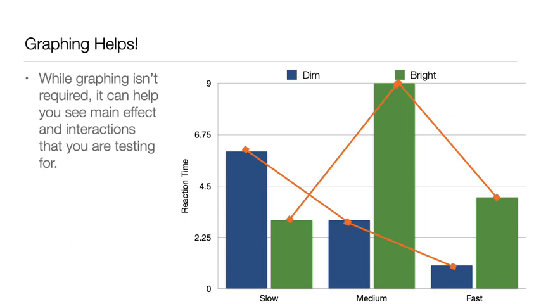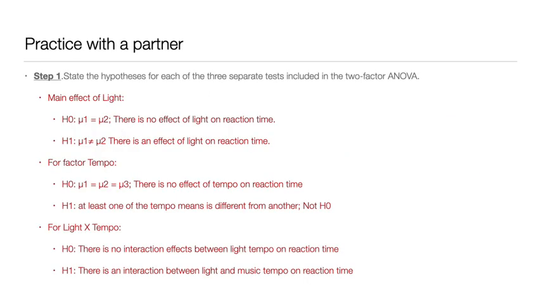But in a bright lighting condition that is not the case. We don't see big differences in reaction times except for that medium tempo. We can also likely see main effects when we look at the differences between these conditions. Okay, so let's do step 1, the hypothesis.